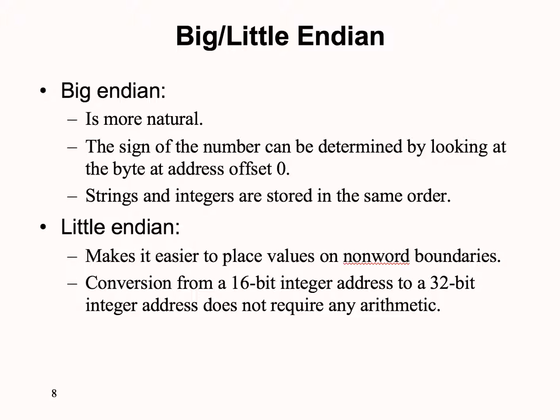This is in comparison to little endian, where you must know how long the number is and then skip over bytes to find the one containing the sign information. Basically, big endian machines store integers and strings in the same order and are faster in certain string operations.